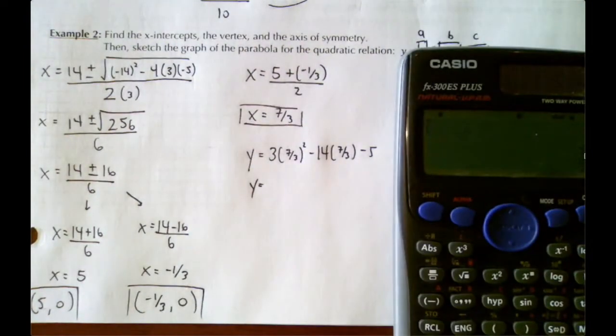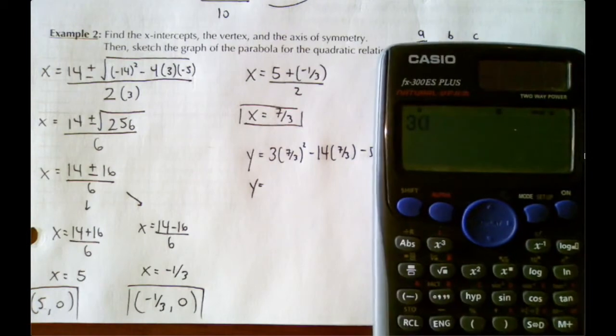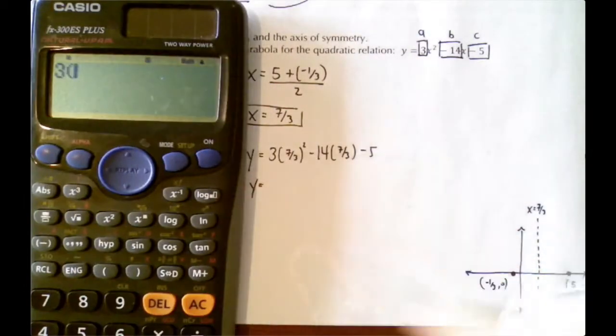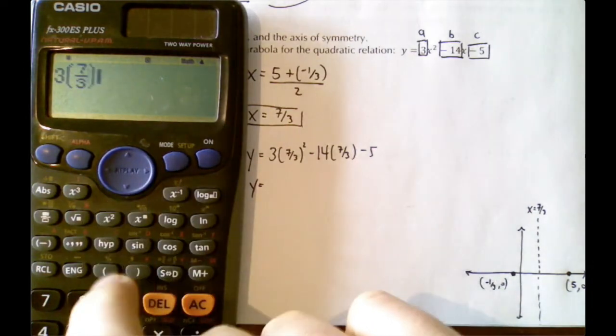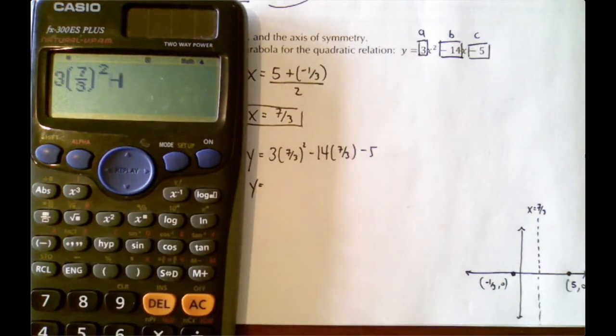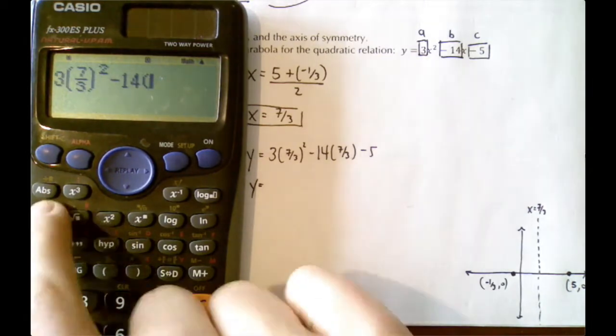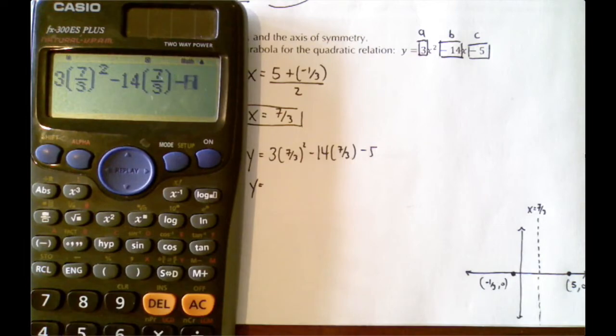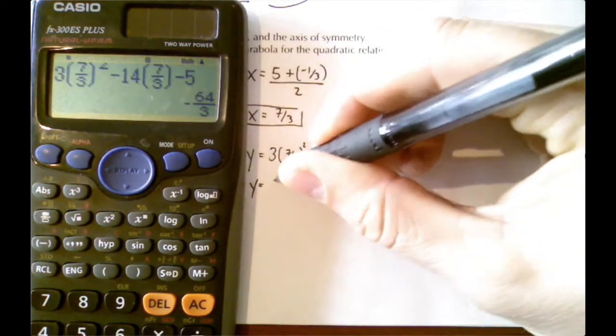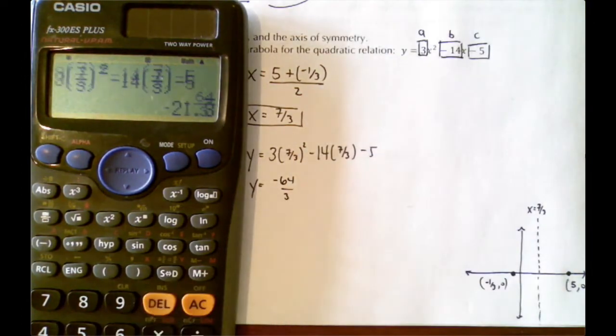Well, 3 bracket, let's put it over here, 7/3 squared minus 14 times 7/3 minus 5. And we get -64 over 3, which is a hard number to graph. -21 1/3 if we're going to approximate where it is on the graph.